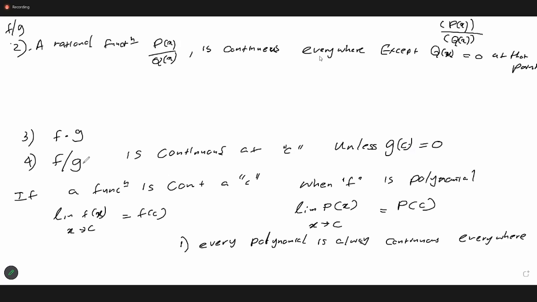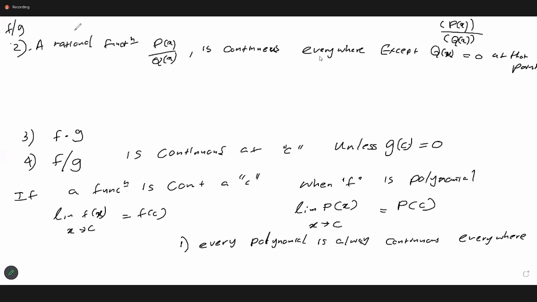We are going to relate this f and g to p and q, so p is a polynomial and q is a polynomial. Now we have a division of these two functions. If the numerator is a polynomial and the denominator is also a polynomial, we call this a rational function, right?